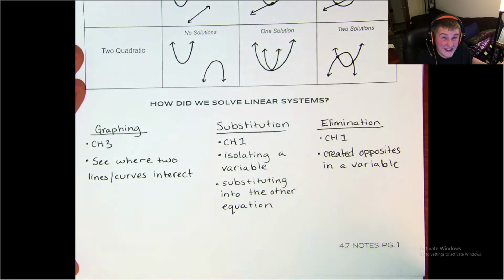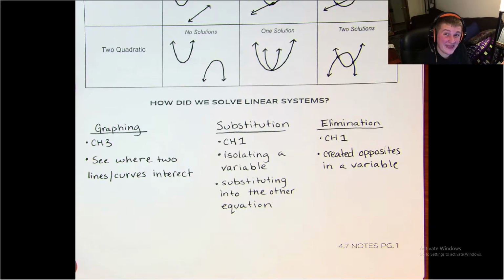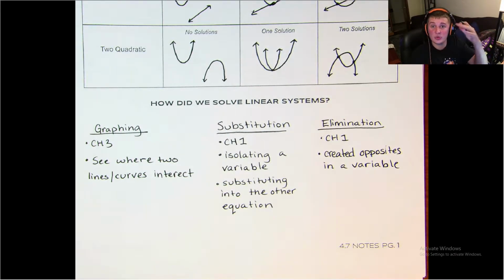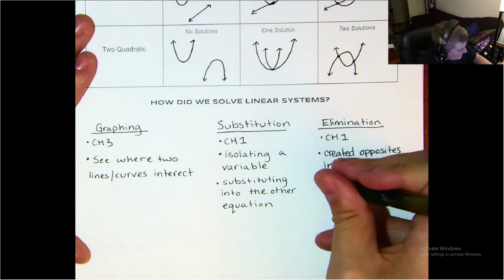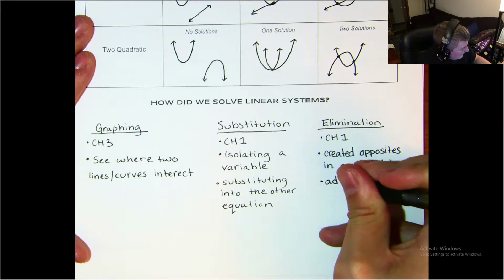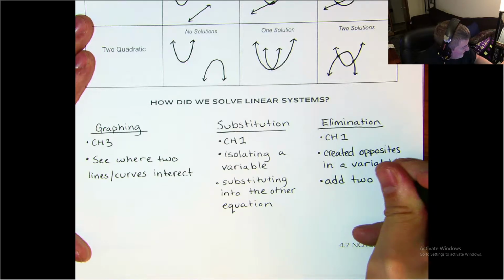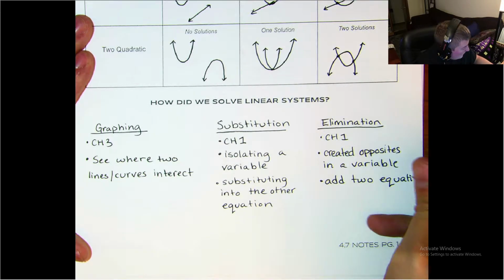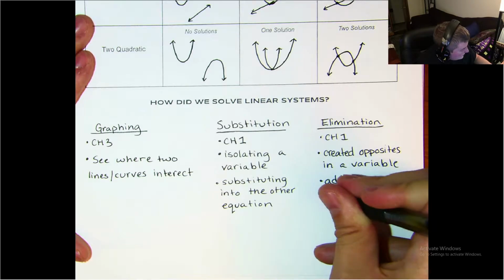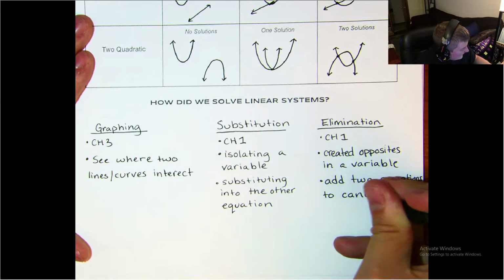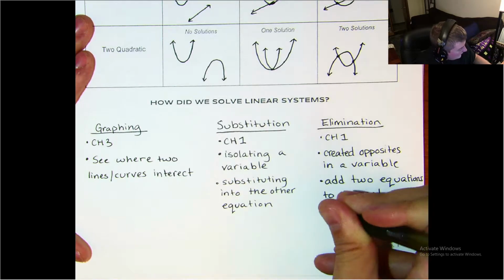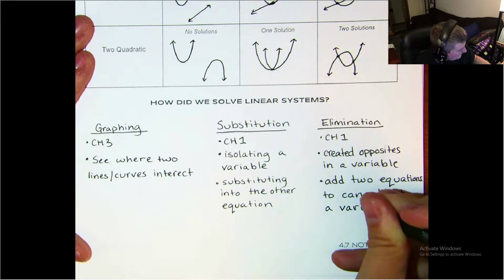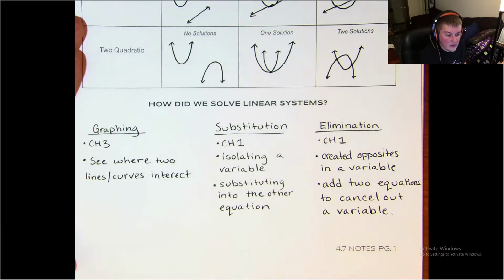And once we created opposites, if you recall, we could add them together because then the opposite variables would cancel each other out, leaving us with an equation that allows us to solve with one variable, which those are the easiest to do. So add the two equations to cancel out a variable. So those were our different methods of solving systems.